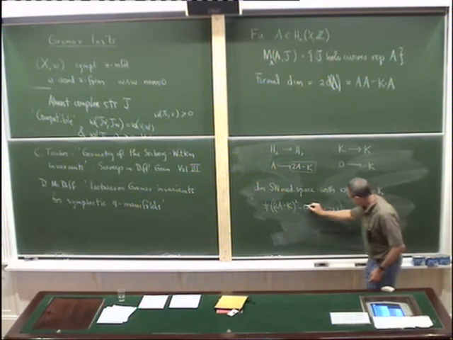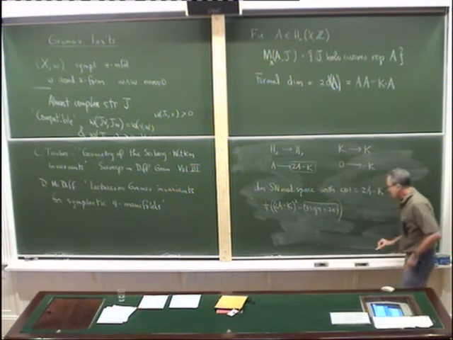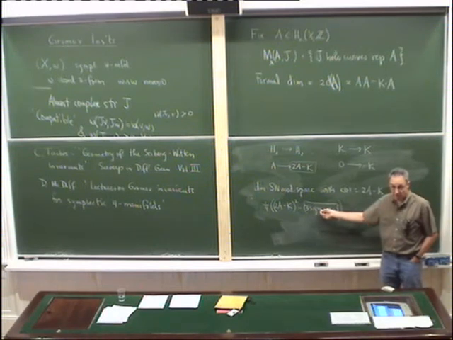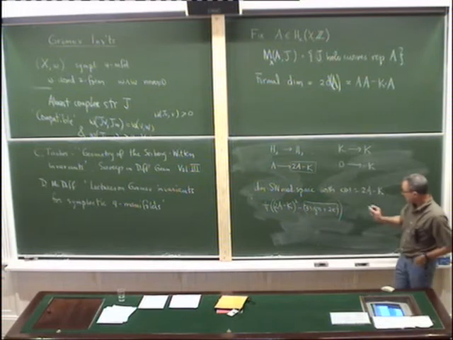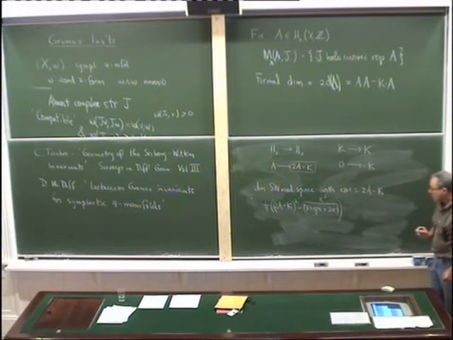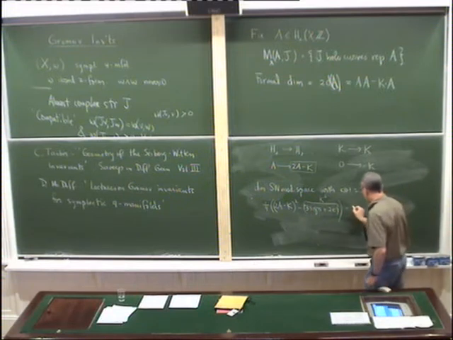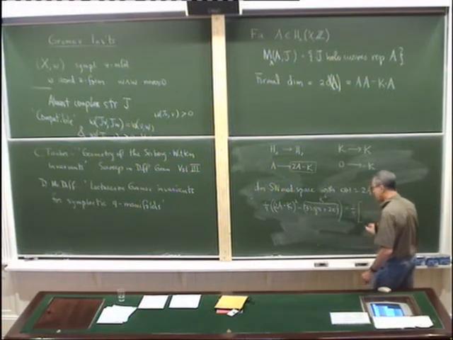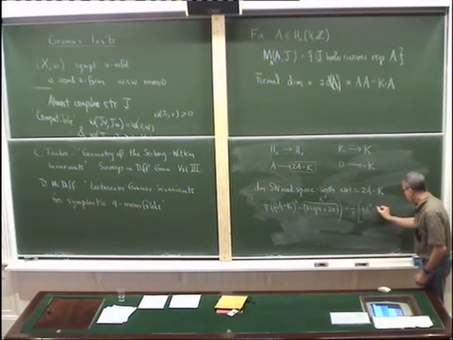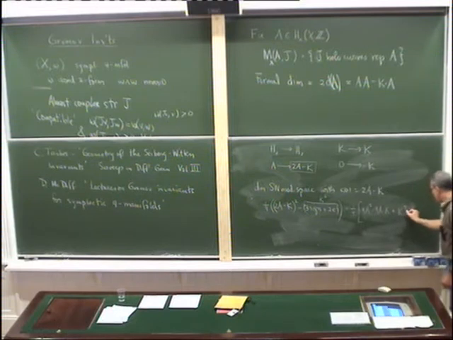And this number here is C1 squared. So that's the same as K squared. So here we have 1/4 of 4A squared minus 4A dot K plus K squared and then minus K squared, okay?